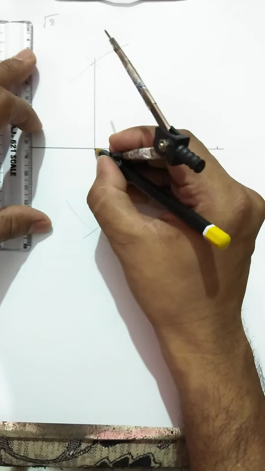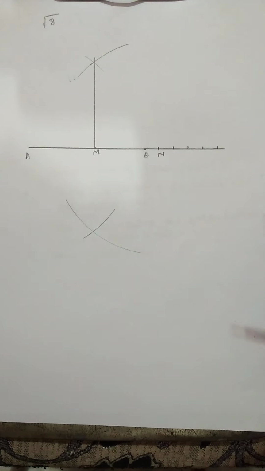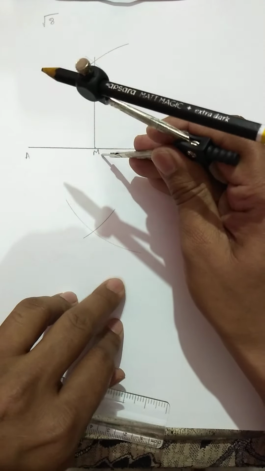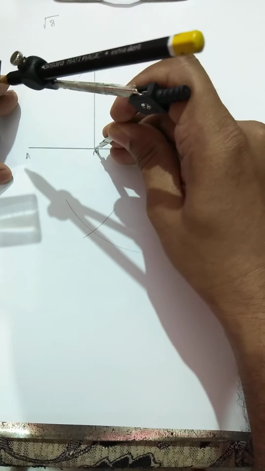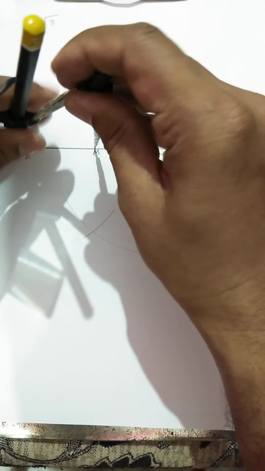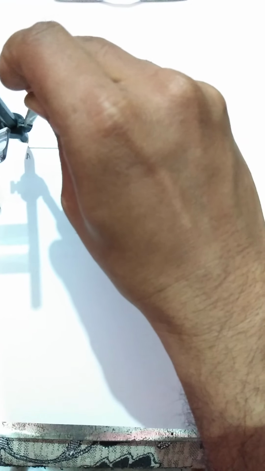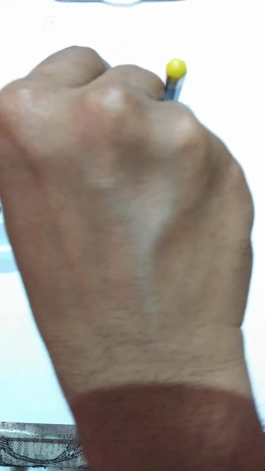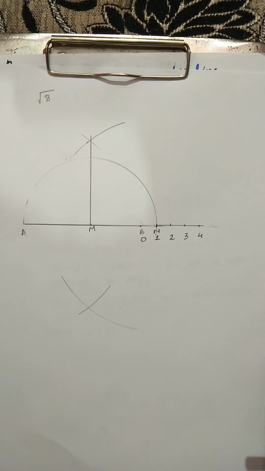And let's mark this midpoint as M. As we have done earlier, make M the center, put your compass at M, and draw a semicircle which passes through N and A. So you see, now we have drawn this semicircle.